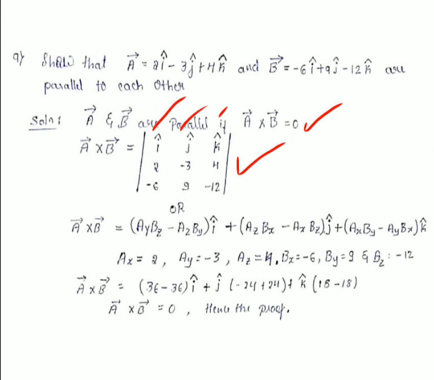So simplify it or use the formula, that is A cross B is (AY BZ minus AZ BY) I cap plus (AZ BX minus AX BZ) J cap plus (AX BY minus AY BX) K cap. So here AX is 2, AY is minus 3, AZ is 4, BX is minus 6, BY is 9, BZ is minus 12. Substitute. Finally, you will get A cross B is equal to 0. So, hence given two vectors are parallel to each other.